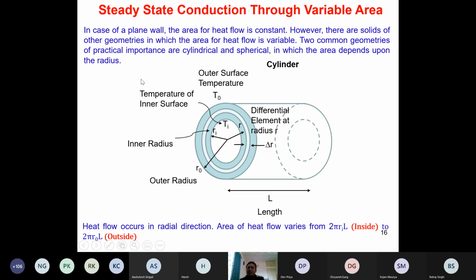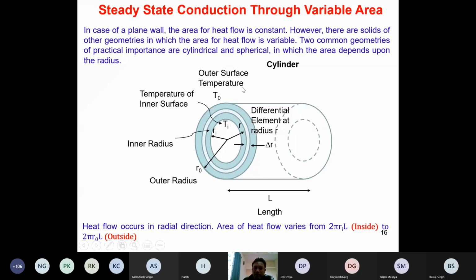So unlike the previous case of a plane wall where heat transfer area was constant, here the heat transfer area is varying as we are moving along the radial direction. Okay. So now let's look at the steady state heat conduction for all such cases where heat transfer area is varying as we are moving along the radial direction.